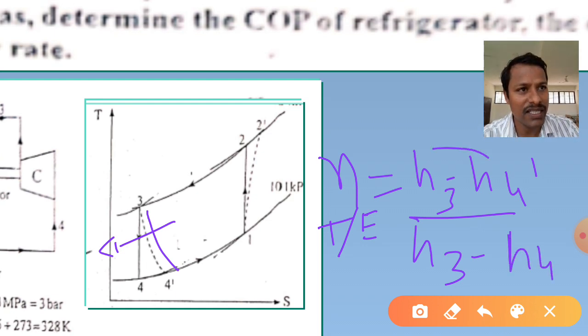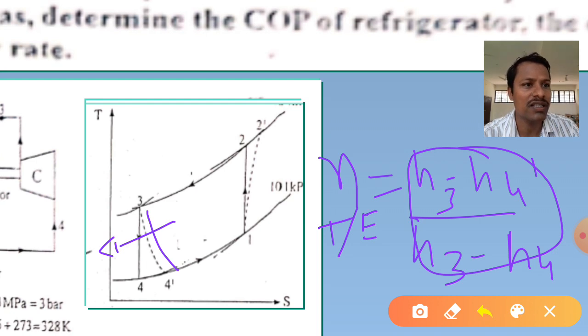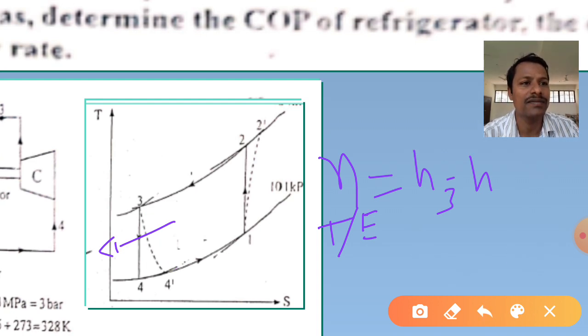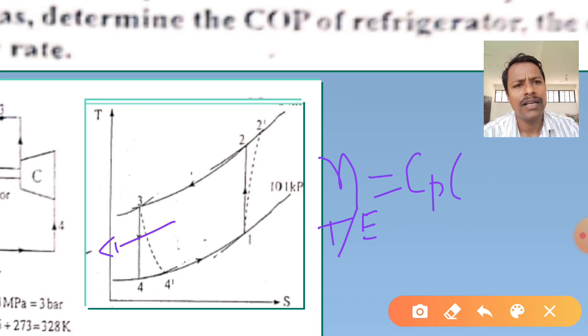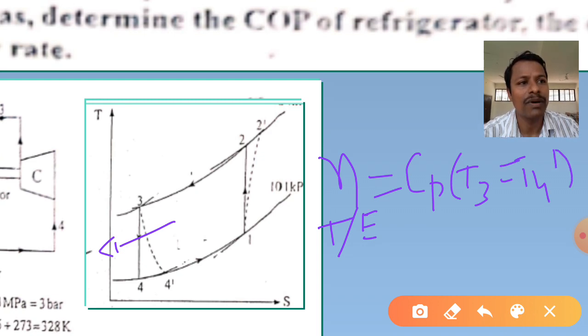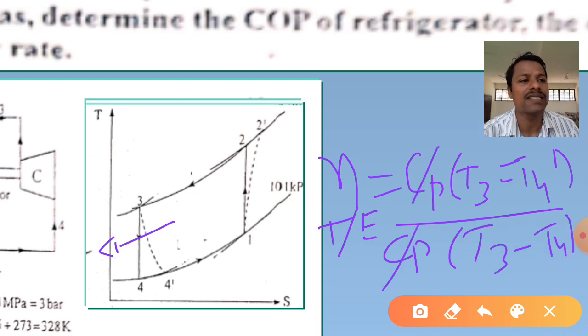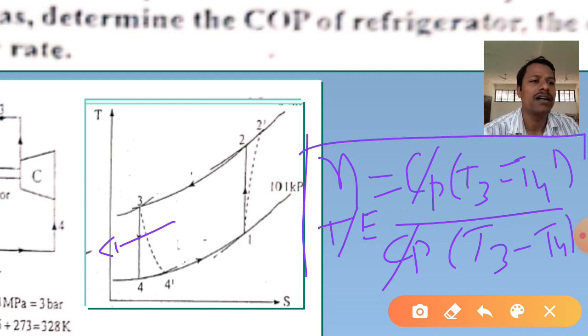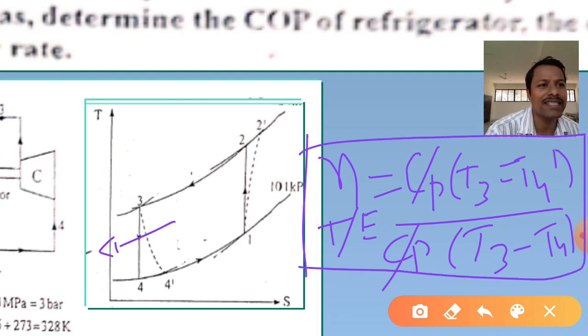If I express these enthalpy values in terms of temperatures, I can write Cp into T3 minus T4 dash divided by Cp into T3 minus T4. Cp cancels. So I can write turbine efficiency, eta suffix T, as equal to T3 minus T4 dash divided by T3 minus T4.